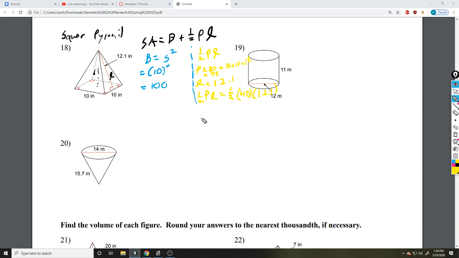And that equals 242. So to get our surface area, we'll just add them together. We got 100, and then 1/2 PL, that is 242. So add those together, and we get 342 inches squared, since it's still an area.